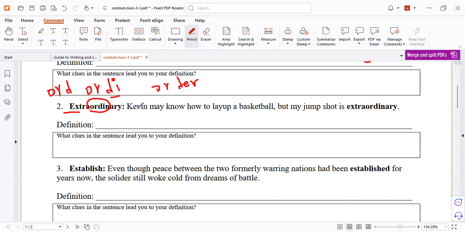Let's see. Kevin may know how to lay up basketball, but my jump shot is here opposite. He knows how, but mine is beyond his expectations, exceed his prediction.